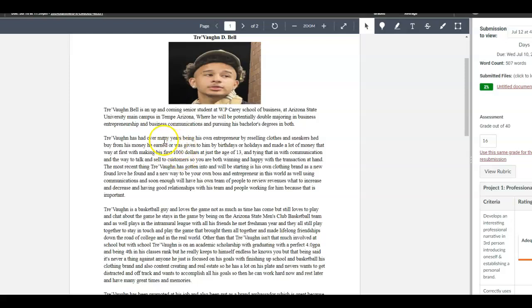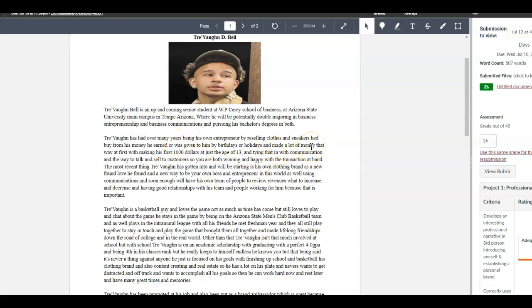When I was young, I did this great thing, and I made money, and I had an entrepreneurial mindset, even though you don't name that; you kind of describe it. But the sentences run on. Let's see: "has had over many years being his own entrepreneur." So just read over the writing. "By reselling clothes and sneakers, he'd buy from money he earned that was given to him by birthdays or holidays."